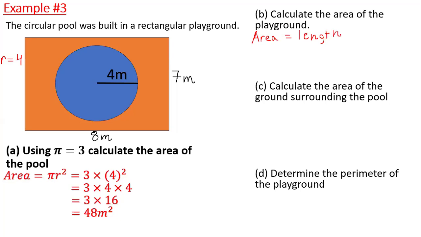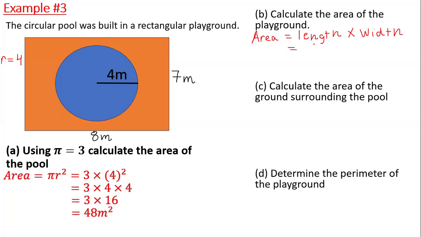In this case, what is the length? 8. Why did you say 8 instead of 7? The length is always longer than the width. Very good. The length is the longer side.